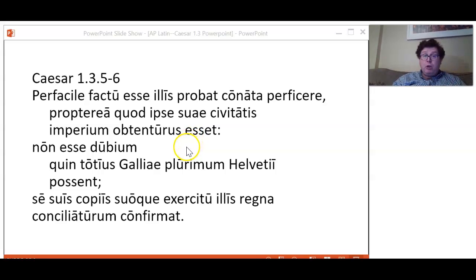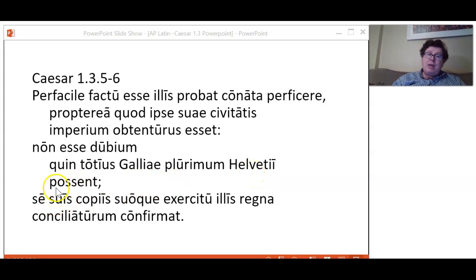He's continuing on with what he's demonstrating. He is demonstrating that there is no doubt, or it is not doubtful, that. Now, after words like "there is no doubt" or "there is no suspicion," we often get this indirect question that starts with quin. That there is no doubt that the Helvetii are.